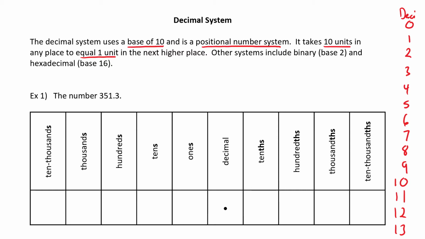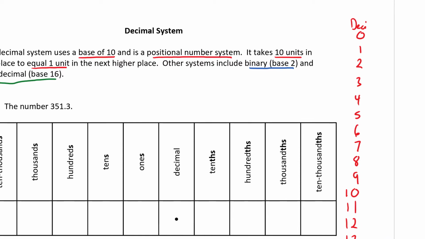Let's review two others. Two others include the binary system, that's base 2, and the hexadecimal system, which works with a base 16. So let's review those quickly. So with binary, 0 and 0 mean the same thing. And then we have 1. The next number is 10.